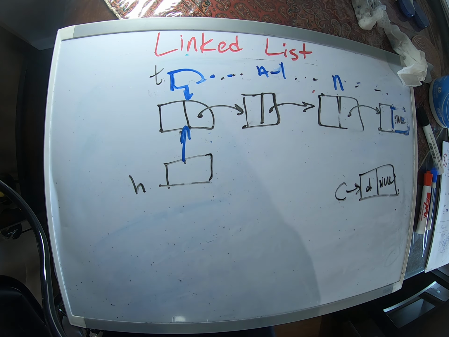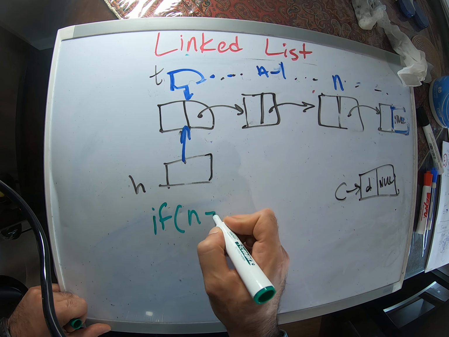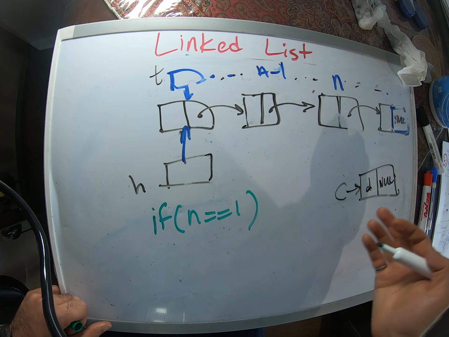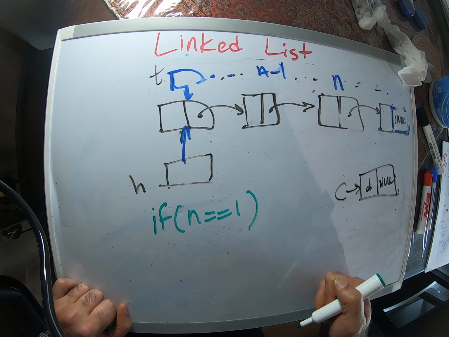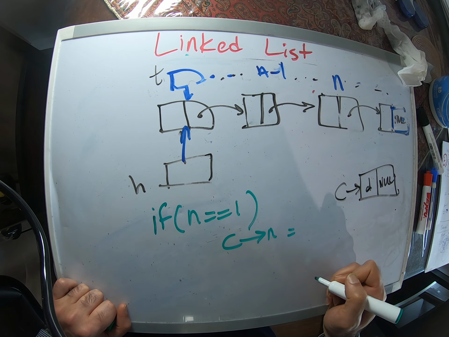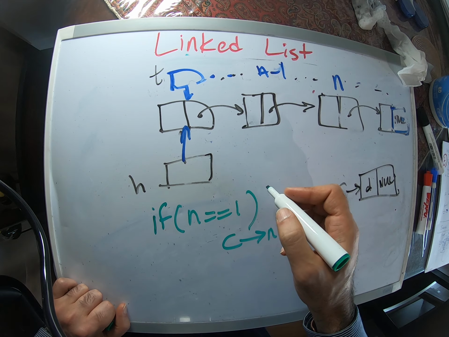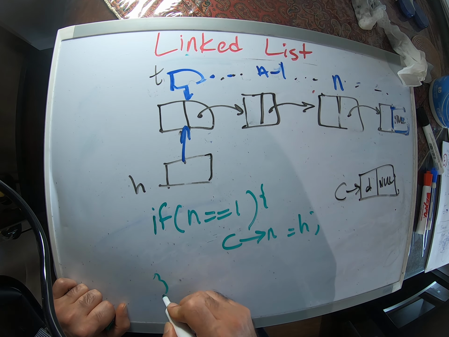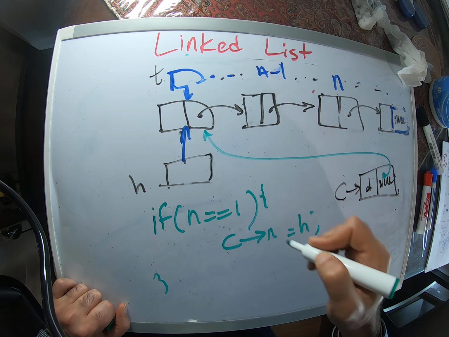But if n is equal to 1, what if we want to insert this one at the beginning of the linked list? We already covered that. This means that c arrow next is equal to h, so this is going to point to this.